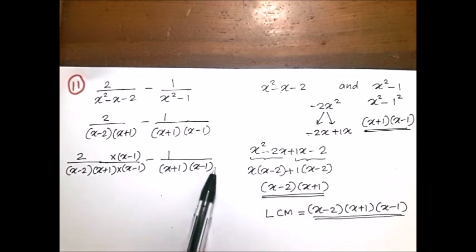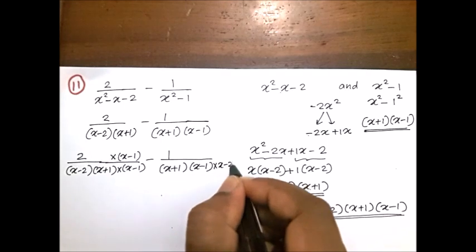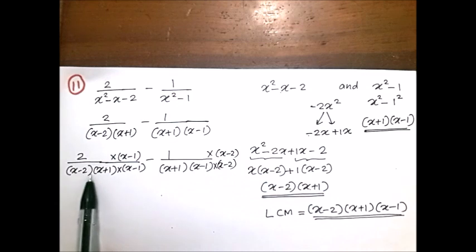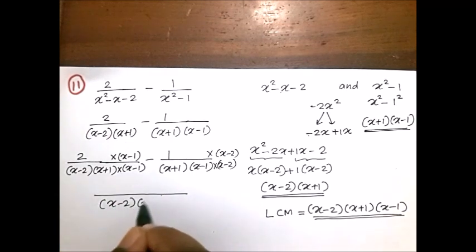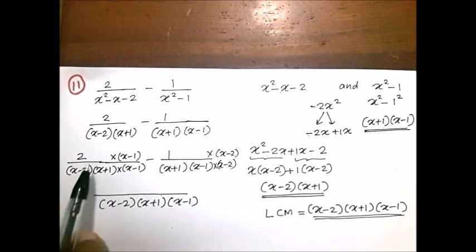So multiply both numerator and denominator by (x - 2). Now you can take the common denominator as this one. There are 3 factors in the common denominator: (x - 2), (x + 1), (x - 1).